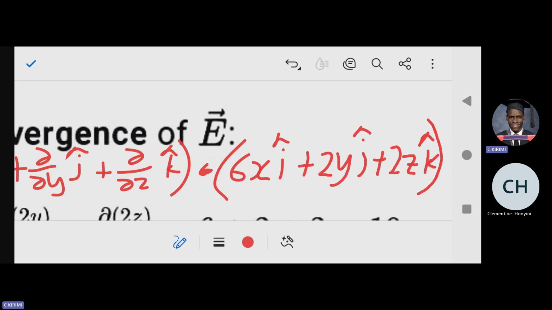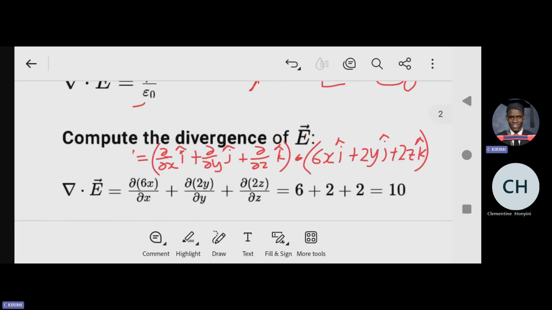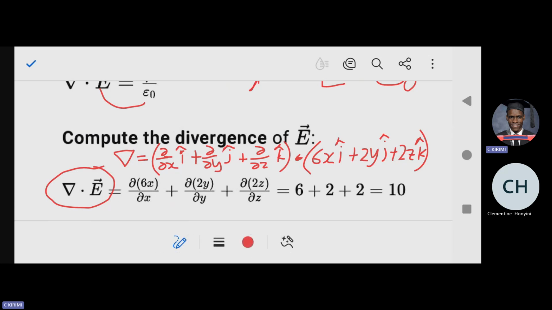Then you close your bracket. This is what we refer to as the dot product, so we are dotting grad with E.